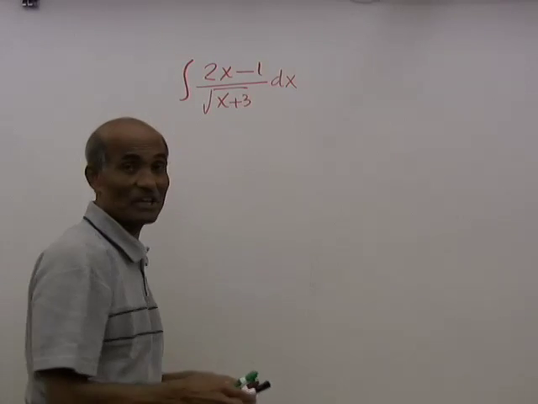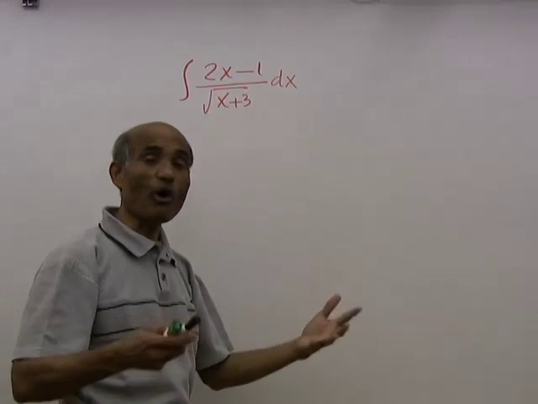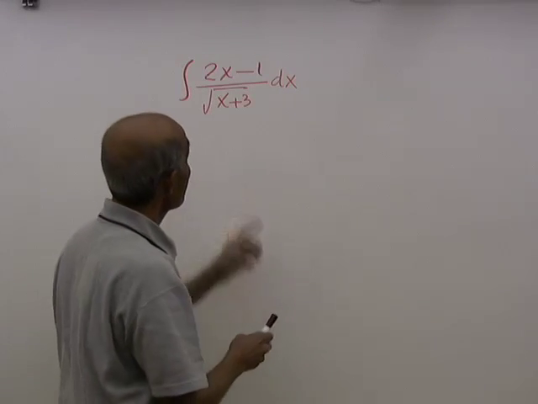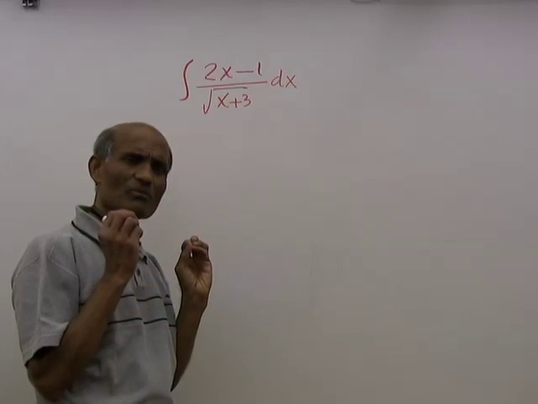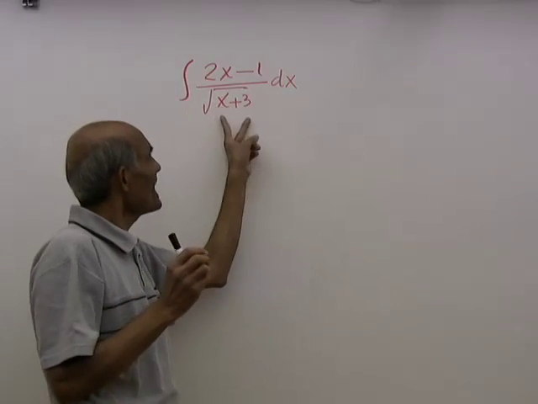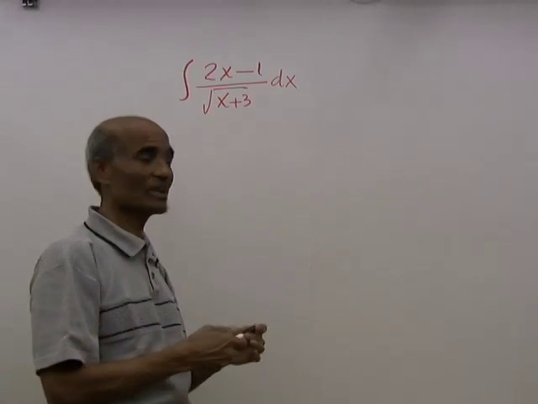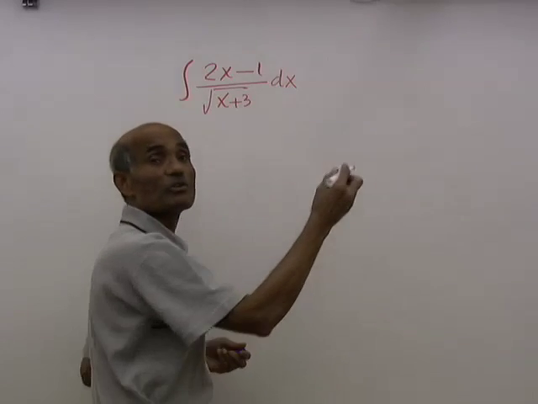Well, what kind of substitution will reduce it to a form that we are familiar with? When you have a square root quantity in the denominator, you must say it is that quantity I'm going to call u, x plus 3. So let's try that. Let's say x plus 3 equal to u.